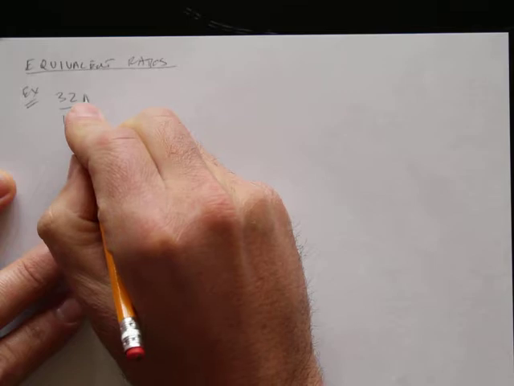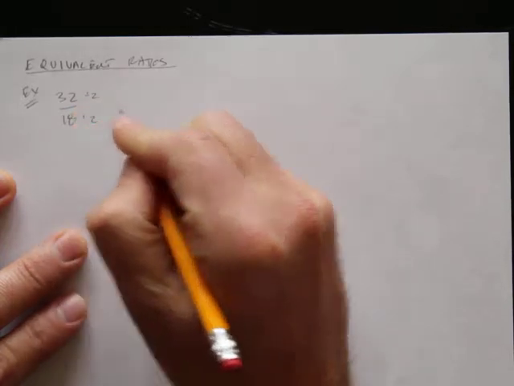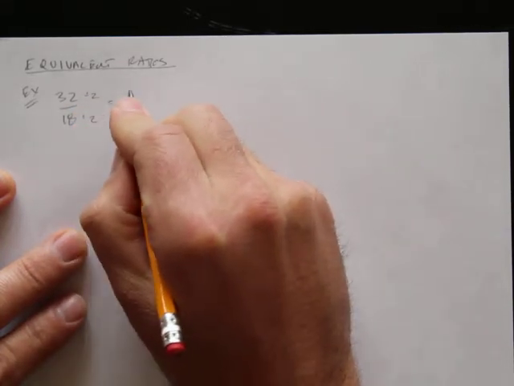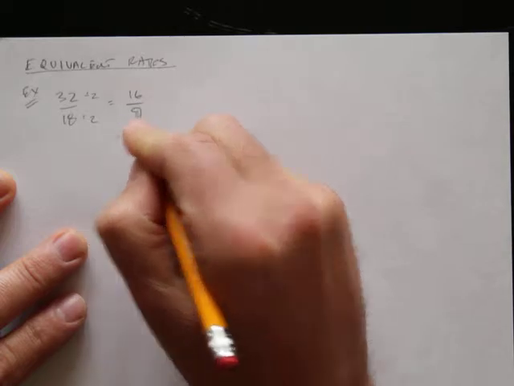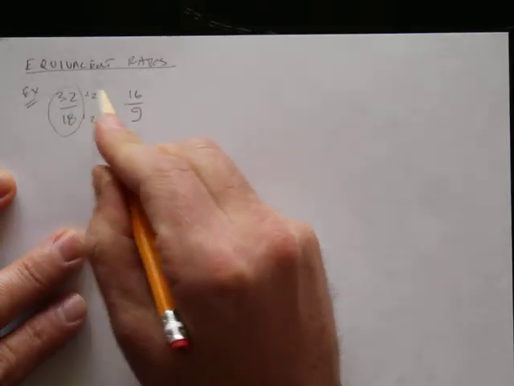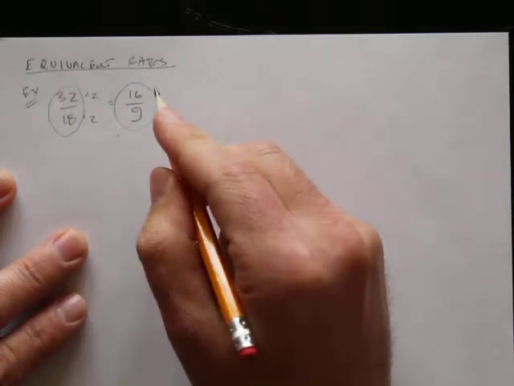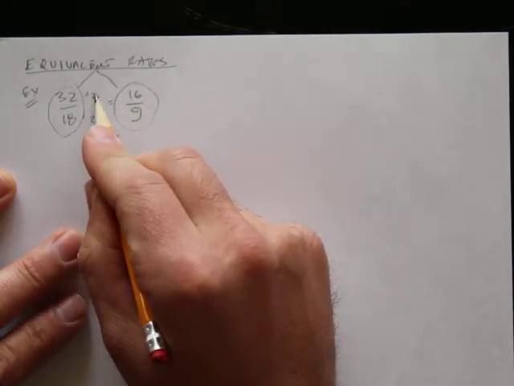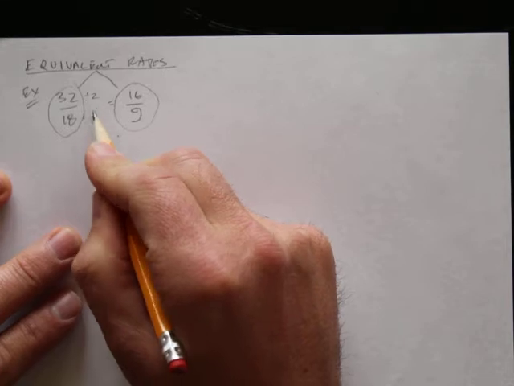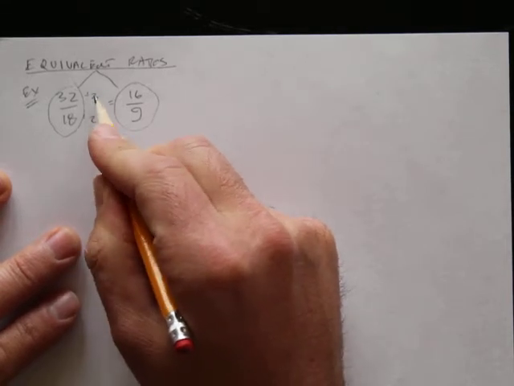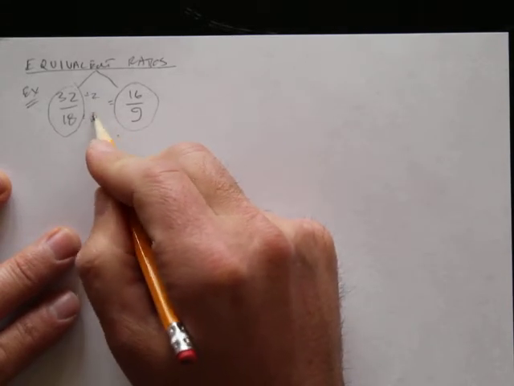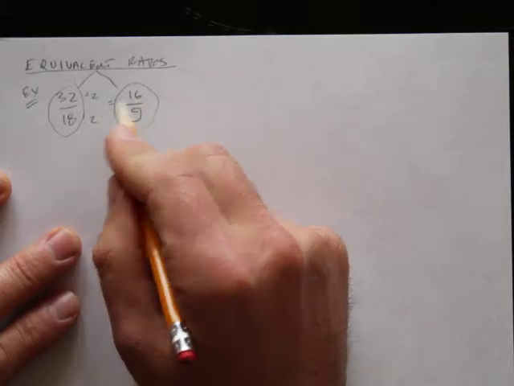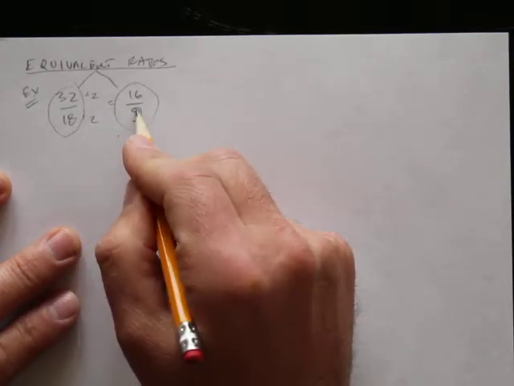If I were to divide the top and the bottom both by 2, then I get 16 over 9. These two ratios are equivalent ratios. Notice if I divide the top and the bottom both by the same thing, or if I multiply the top and the bottom both by the same thing, then I will get equivalent ratios.